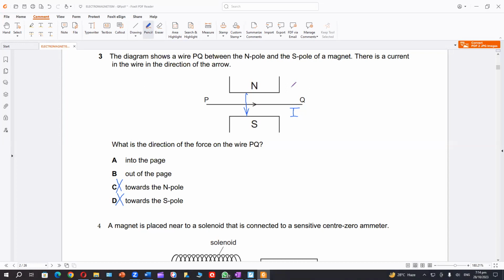Current is to the right. Magnetic field is downward. So it's coming into the page.